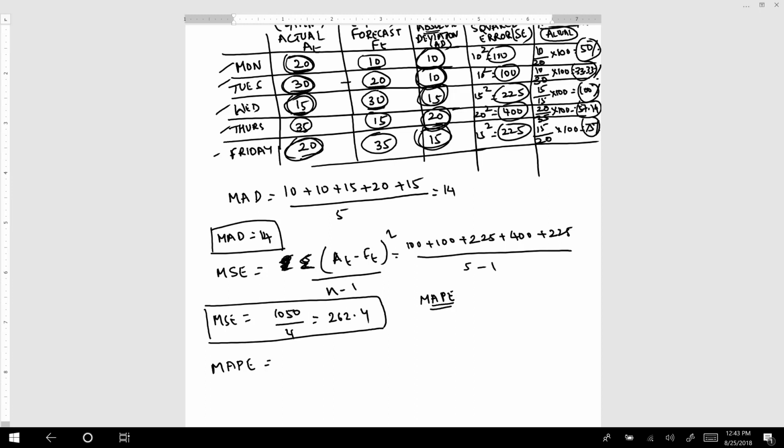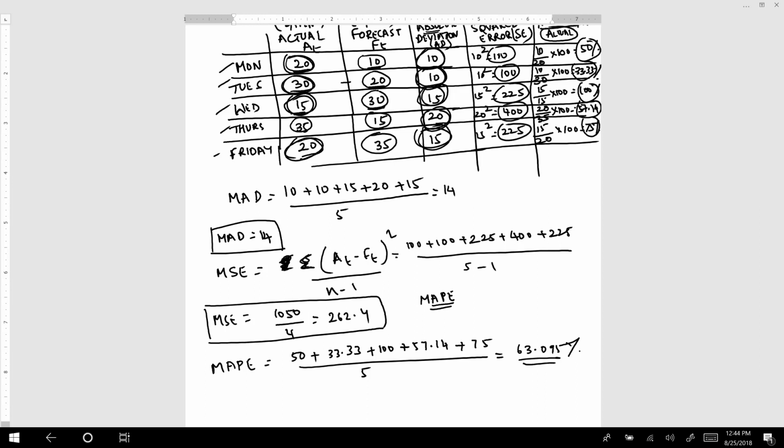So that is 50 plus 33.33 plus 100 plus 57.14 plus 75 divided by 5. So that is going to give me 63.095%. So on an average, I'm making an error of 63.095 percent.